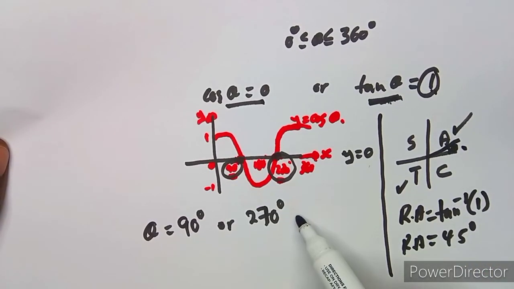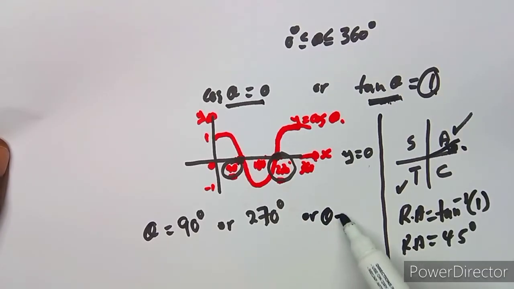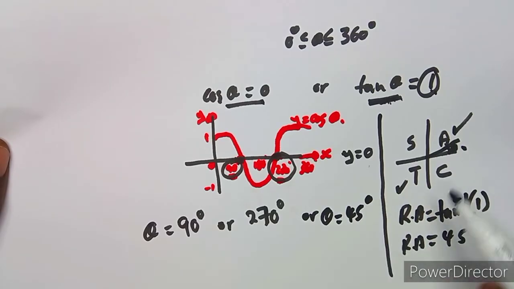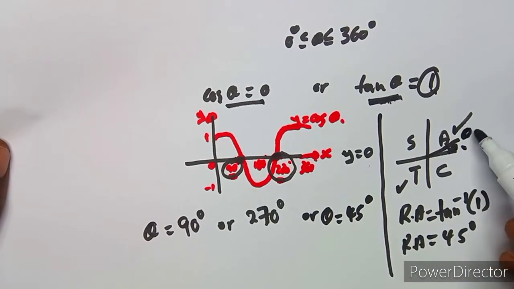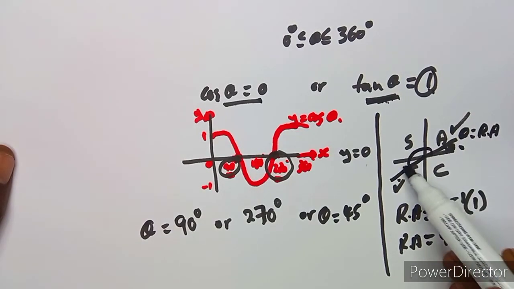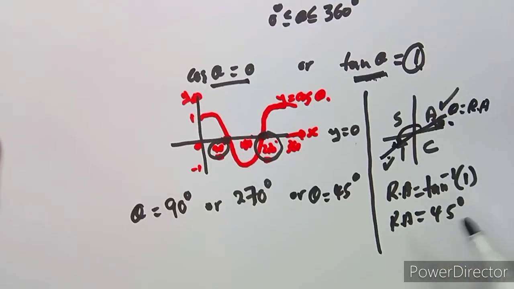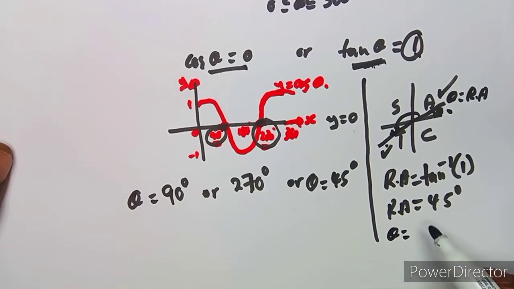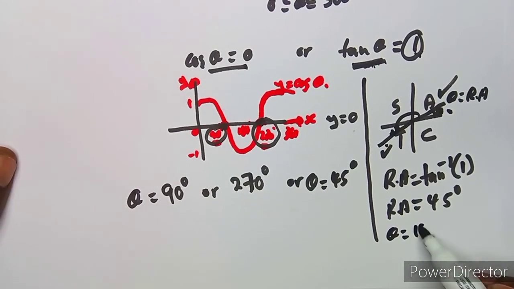So in the first quadrant, you're going to take your theta to be the reference angle. So our theta there is going to be 45 degrees in the first quadrant. In the third quadrant, remember, your theta is equal to 180 plus the reference angle, which is 45 degrees.